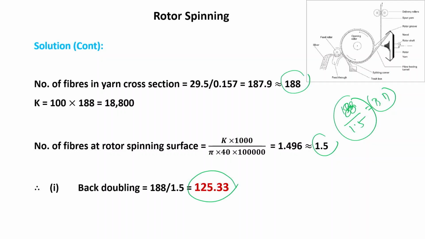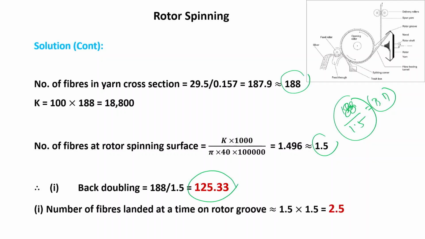The second part of the question was how many fibers are landed at a time on the rotor wall. The sliding draft was given as 1.5, and in the rotor groove 1.5 fibers were there. So, if we multiply, 2.25 fibers are landed at a time on the rotor wall. It is basically a wall, and from the wall the fibers are slid by the 1.5 draft towards the rotor groove.